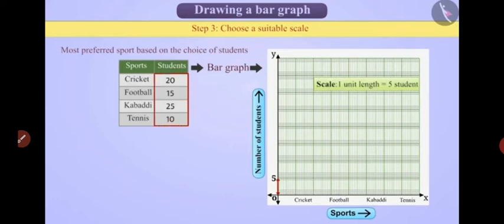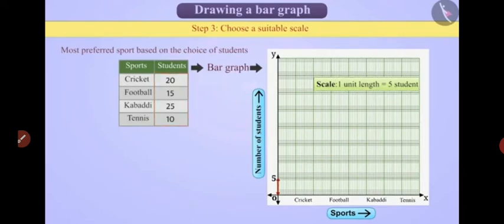You can choose a suitable scale based on the number, such that if the number of students is very less, then you can take 1 unit length is equal to 1 student. Similarly, if the number of students is large, then you can take 1 unit length is equal to 10 students. Remember, the scale provides us with the convenience to draw a bar graph.